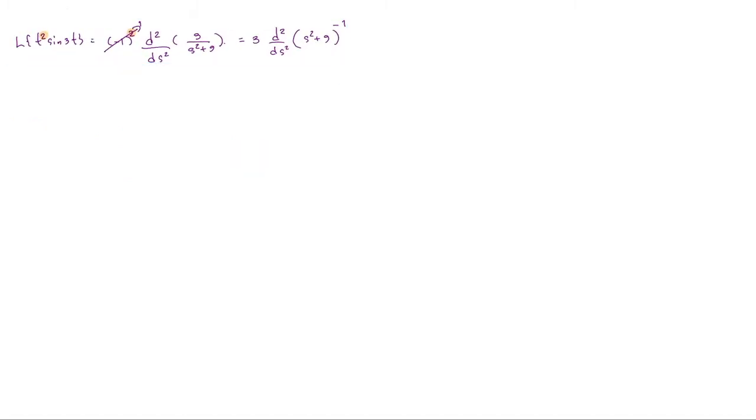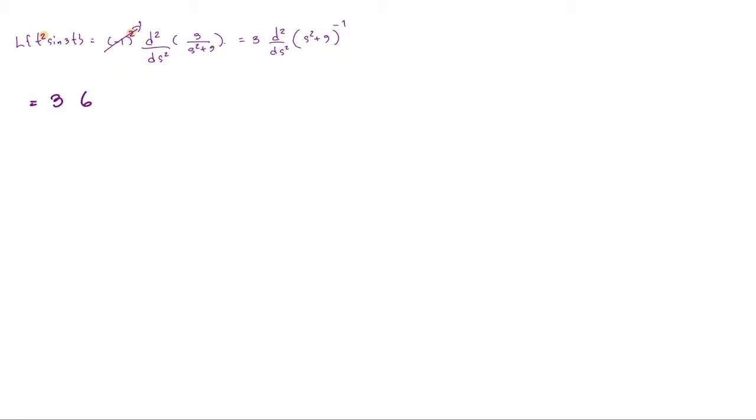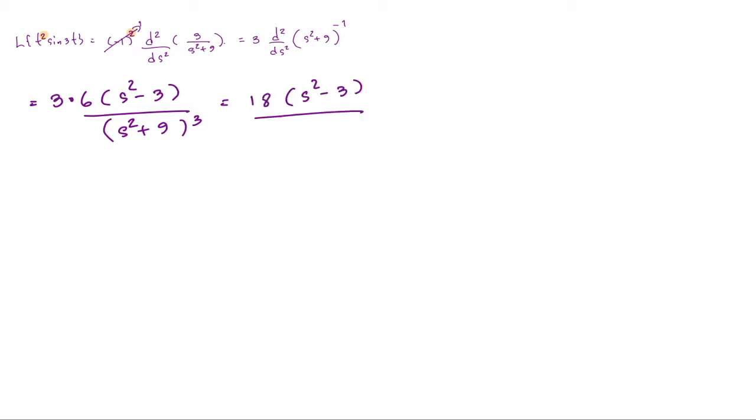Okay, so right now we know that 3 times the second derivative will be 6 times s squared minus 3 divided by s squared plus 9 cubed, which is 18 times s squared minus 3 divided by s squared plus 9 cubed, and that is the answer.